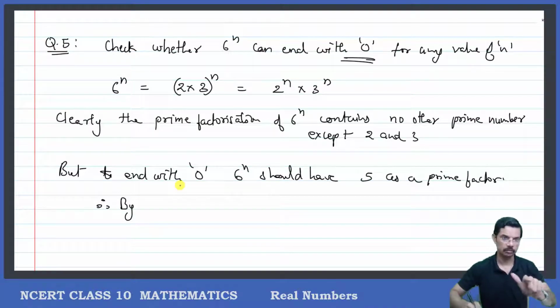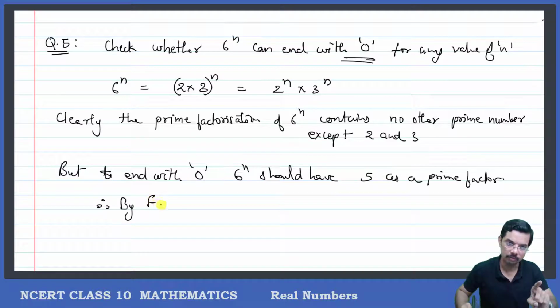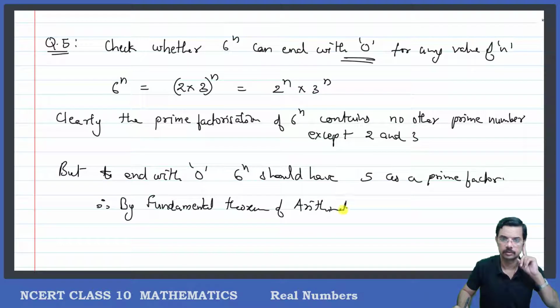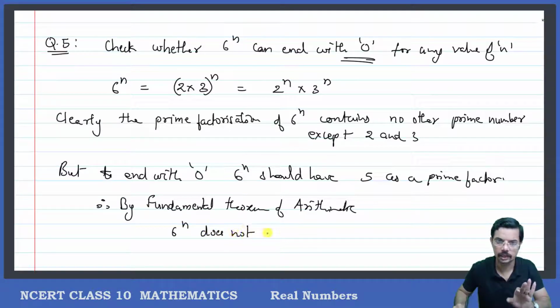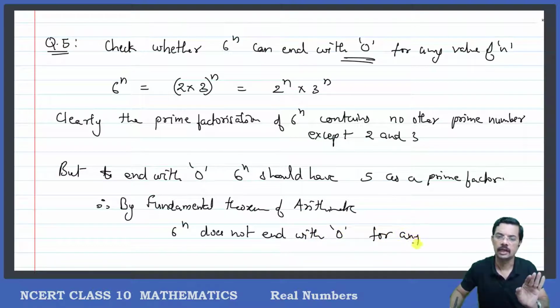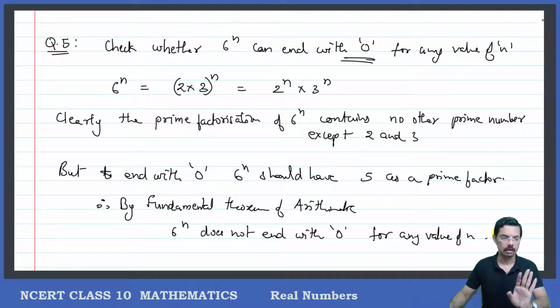So since it is unique by the fundamental theorem of arithmetic, what can I say? 6 raised to n does not end with a 0 for any value of n, correct? Are you following?